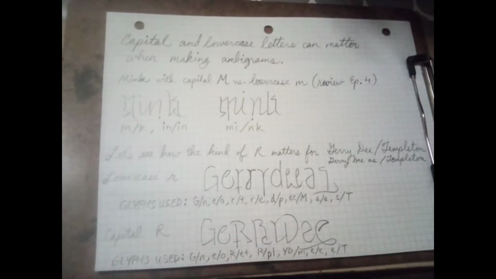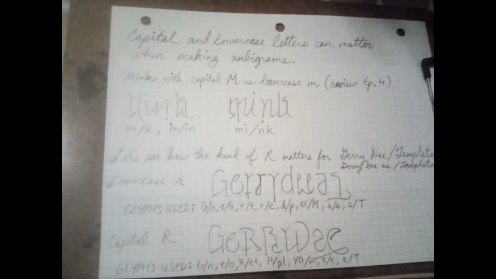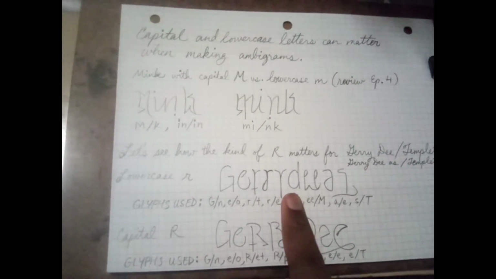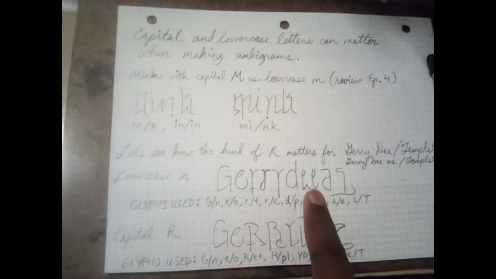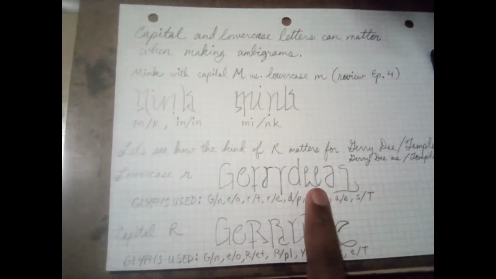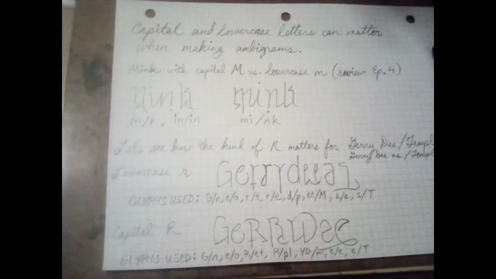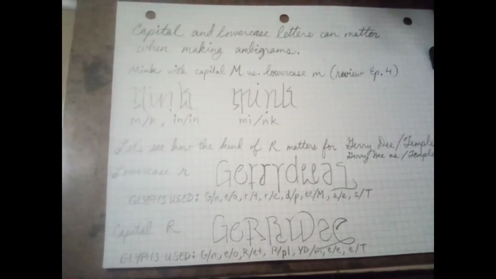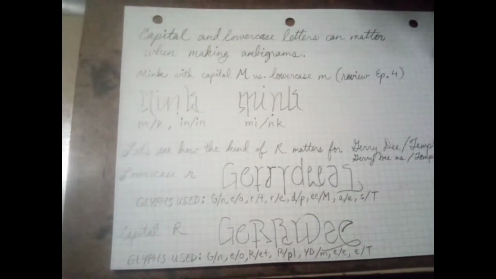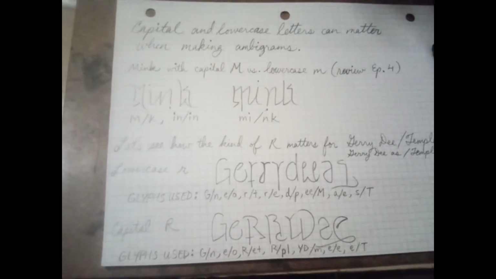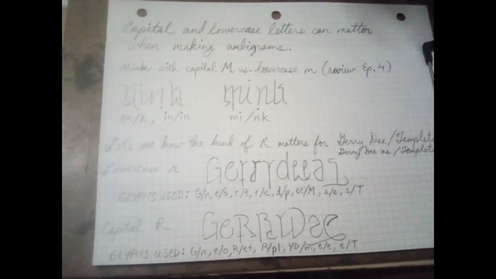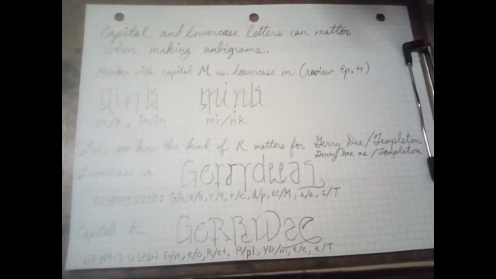With lowercase r's, we have an R to T and an R to E. The D to P matches perfectly. The two E's make a capital M, and we've run out of verticals, so we do Gerry Dee as Templeton with the A to E and S to T. But with capital R's, we do get to directly match up Gerry Dee with Templeton.